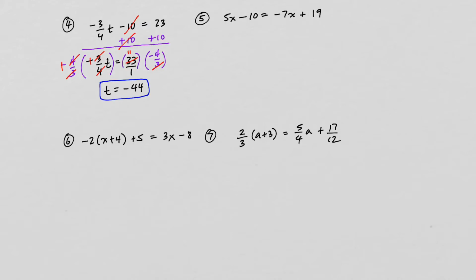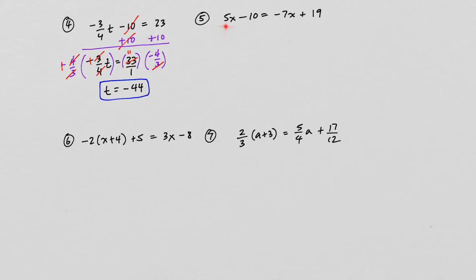So in our next example, notice that it's a little bit different because we have variables on both sides of the equation. Now, when you have variables on both sides, what you want to do is get all your variables to one side of the equation. You don't have to do that first, but I personally think it's best to get all variables to one side first. So I have two options.